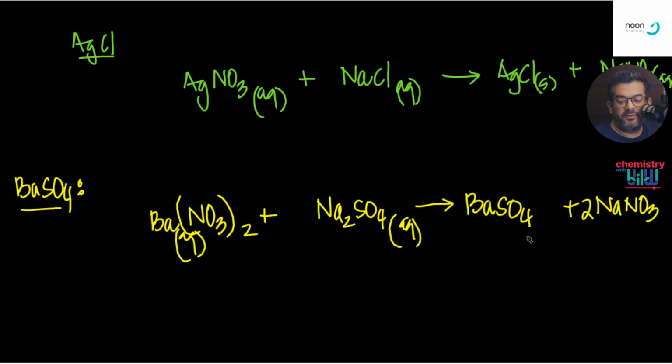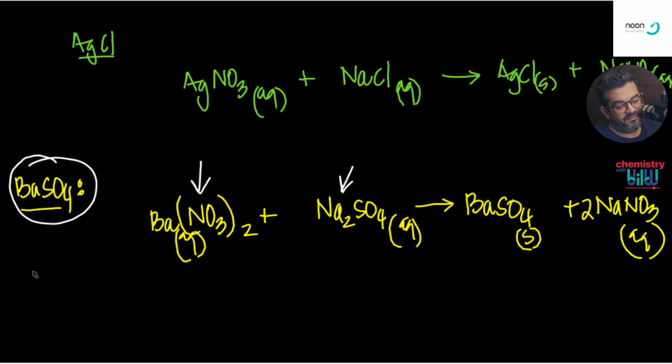But you have to balance it there. Solid and aqueous. So remember I said the easiest thing to always remember is to always use the sodium salt of the anion and the nitrate of the cation whose precipitate you want to make. Let's say it was lead chloride.